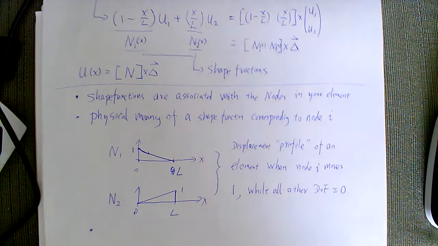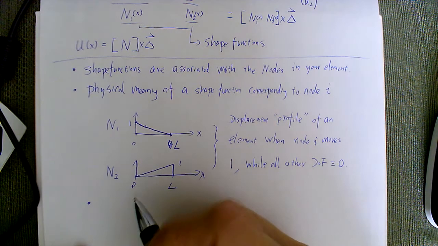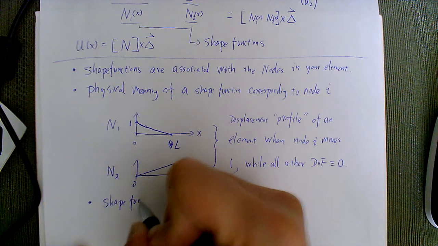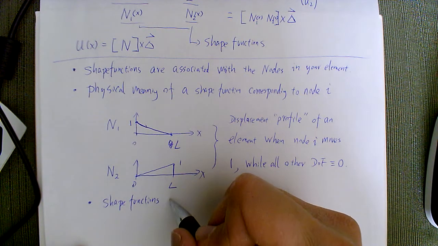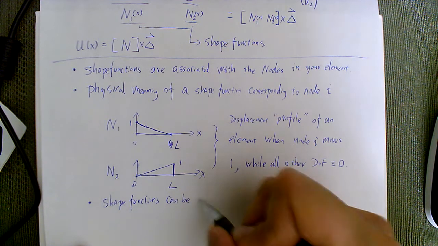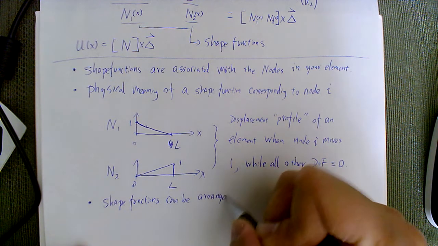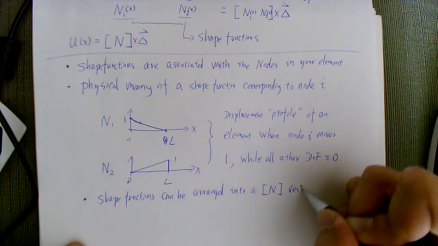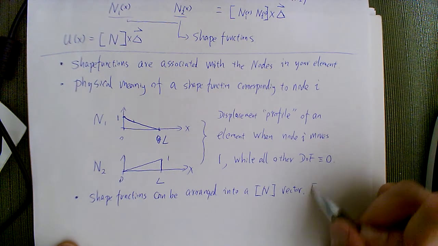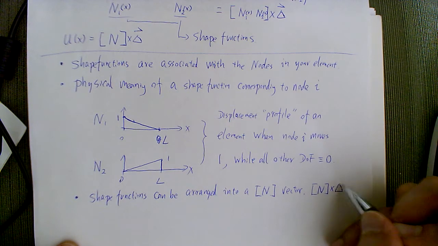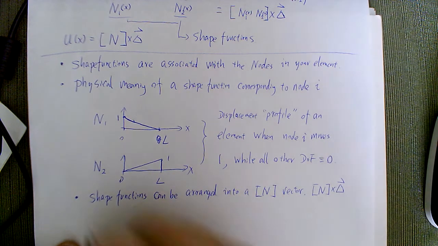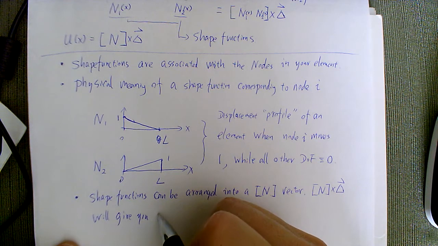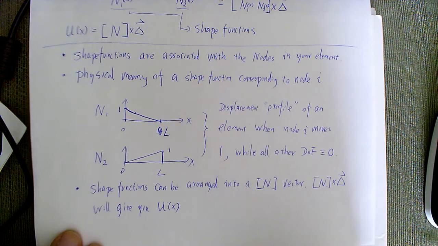So then the shape functions can be arranged into an N vector, and the N vector, which then times the delta vector, will give you ux in this case.